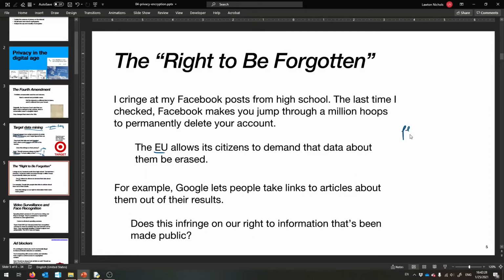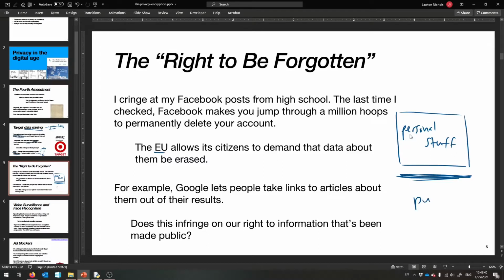You have your personal stuff. You have all of that, and that's fighting for recognition with this other large box, which is public good. Maybe this story is very newsworthy and important, and it would be very useful for Google to keep it on its search results.